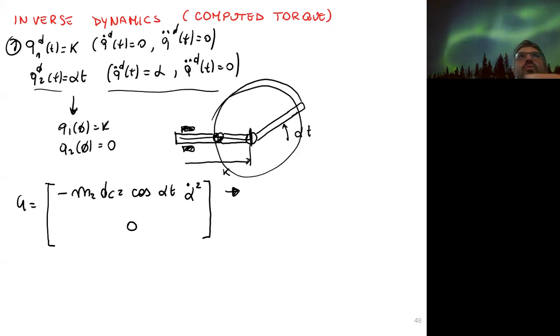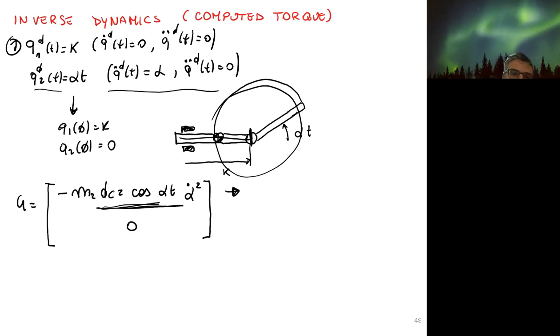What is the force that joint 1 should exert to stay still? It needs to compensate the centrifugal force due to the rotation of joint 2, which is exactly this one.